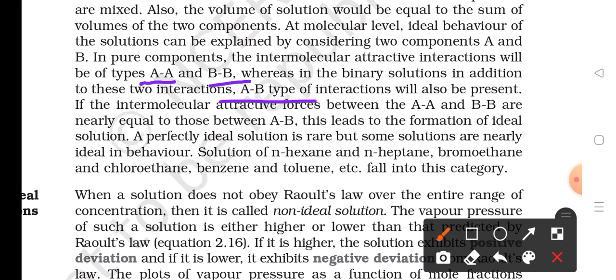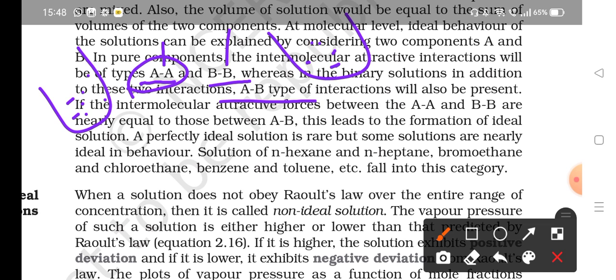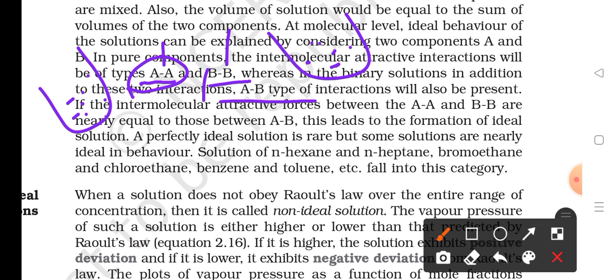What do we mean by A? If we take A as the solute and B as the solvent, then in the solute there is some bonding between the molecules, and these bondings are known as AA. In the solvent also there is some bonding between them, known as BB.